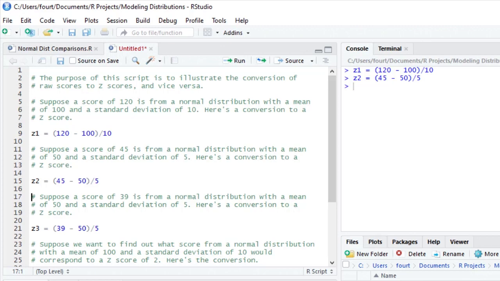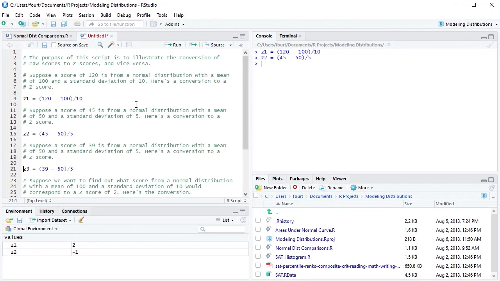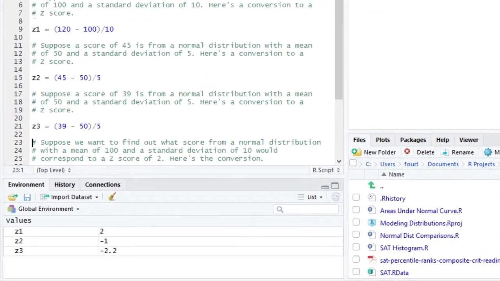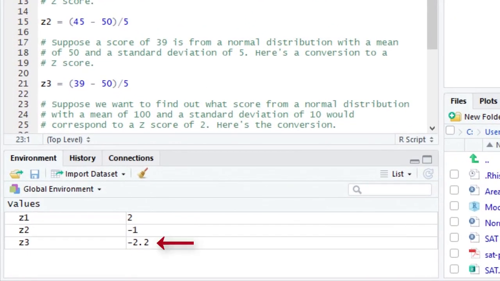Suppose a score of 39 is from a normal distribution with a mean of 50 and a standard deviation of 5. We use the conversion formula and subtract the mean of 50 from 39, then divide this result by 5. This gives us a z-score of negative 2.2. In other words, a score of 39 is 2.2 standard deviations below the mean if the mean is 50 and the standard deviation is 5.